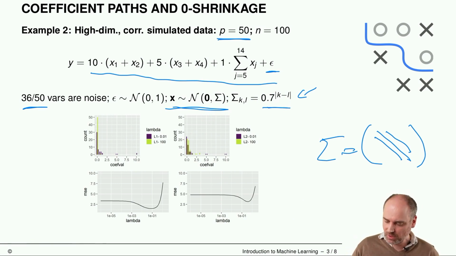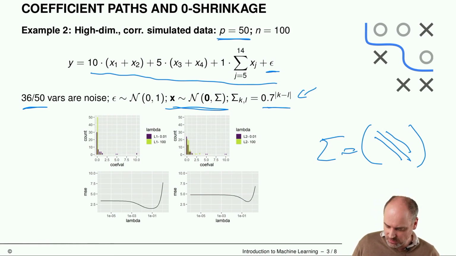On all of these diagonals, the covariance is constant. You can easily see this from this formula. People call this Toeplitz covariance structure because there are these Toeplitz matrices in linear algebra where things are constant on the diagonals.